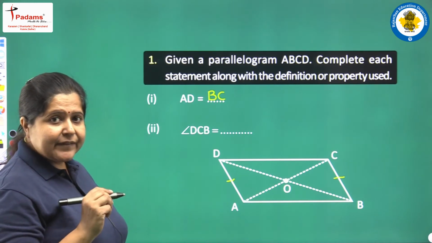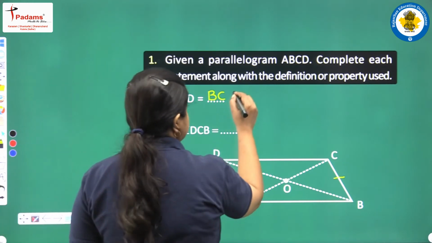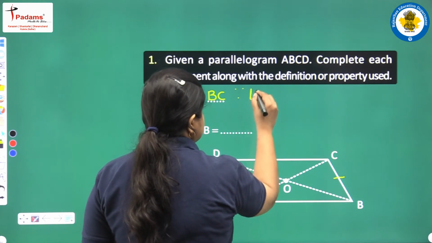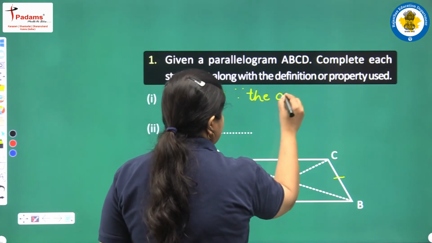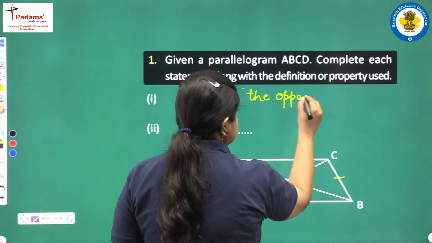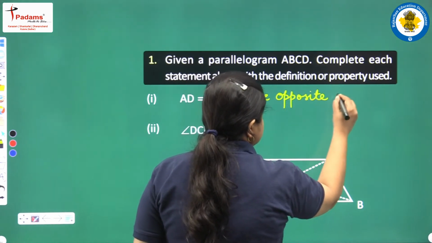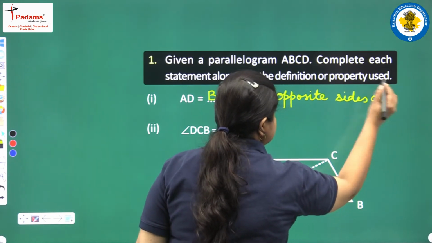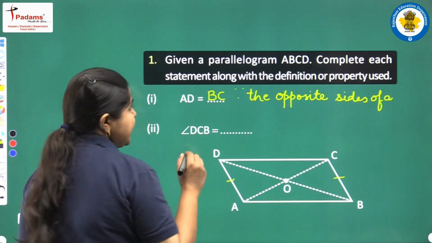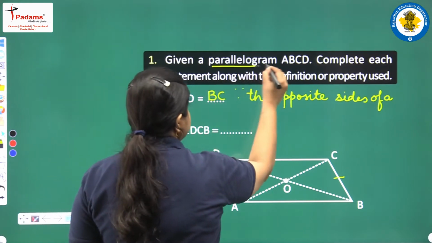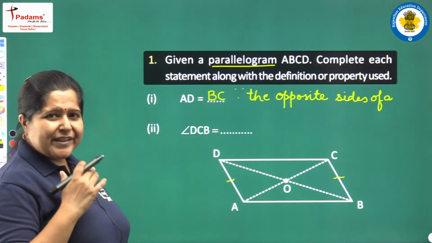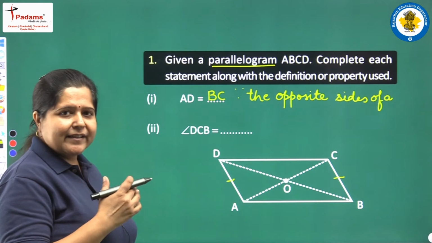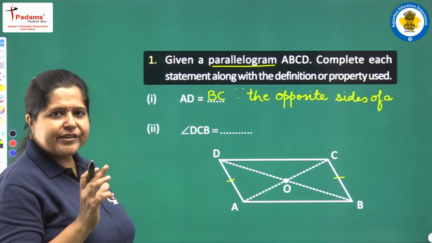The property that we are using is, since the opposite sides of a parallelogram. You see, parallelogram is a very big word and it is very difficult to write it again and again. So we will use a short notation for it.